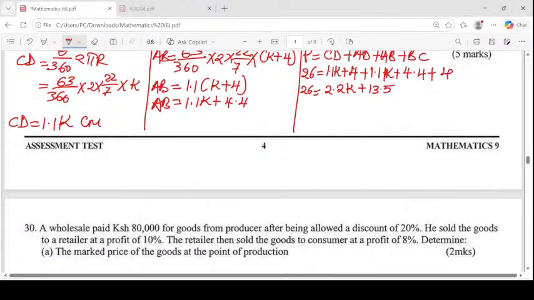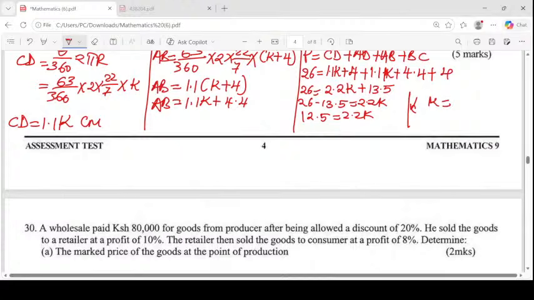Collecting like terms, I'll have 26 minus 13.5 being equal to 2.2k. So when you subtract this, you get 12.5 is equal to 2.2k, meaning that the value for k will be equal to 12.5 divided by 2.2.